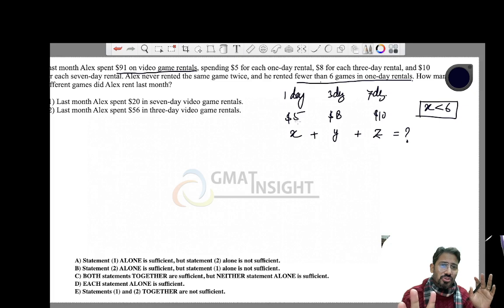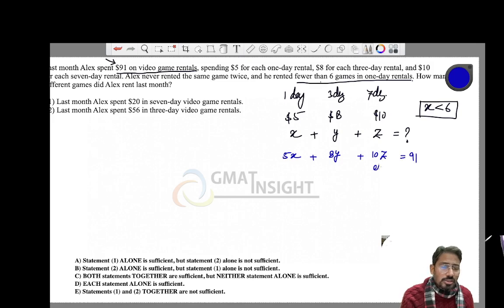Now let's use a little bit of common sense here. The question says that the total money that he spent was $91. Do you realize here that the total money that he spent will be calculated as 5x plus 8y plus 10z, and this much money should be equal to 91.